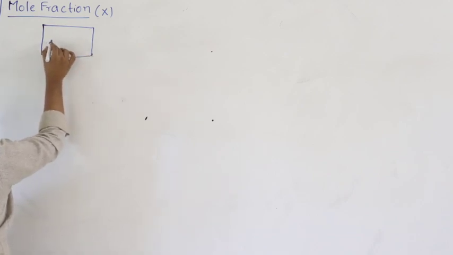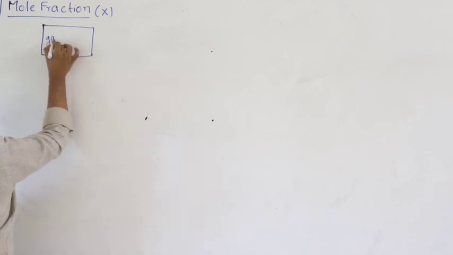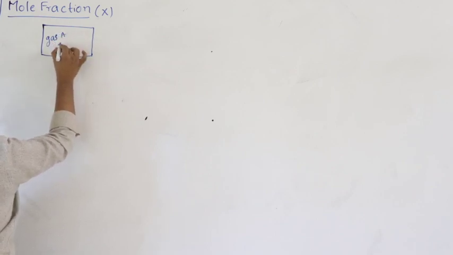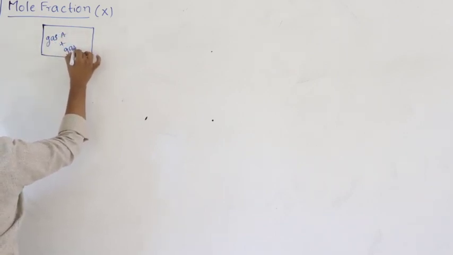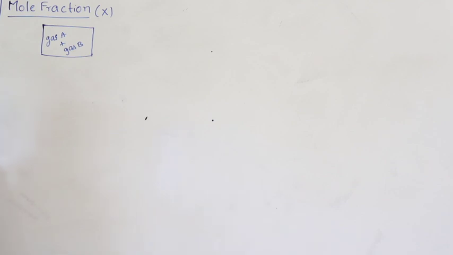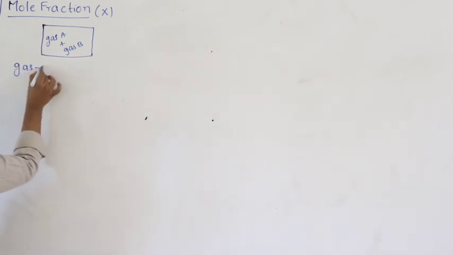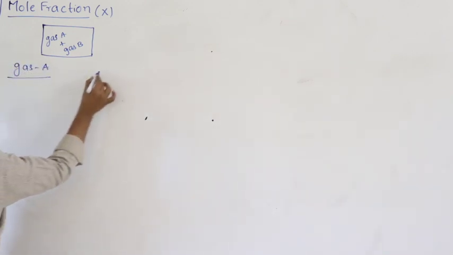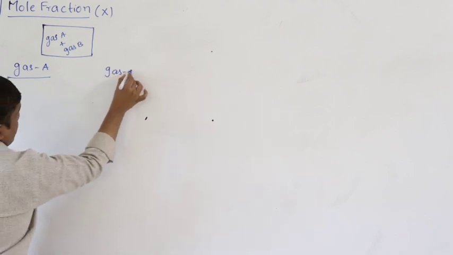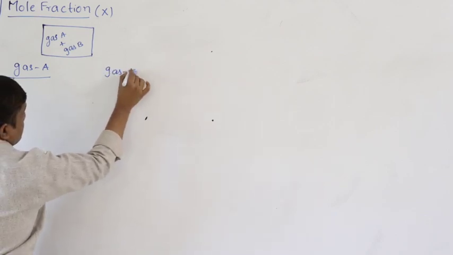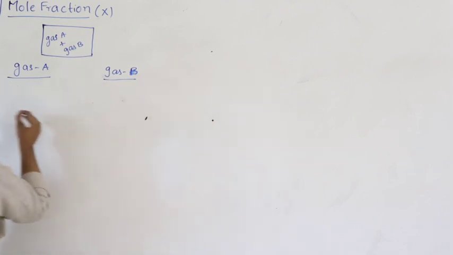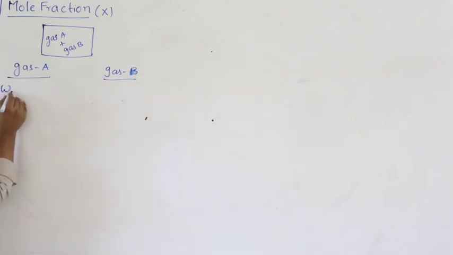So we have gas A plus gas B. Let us assume in a system we have a mixture of two gases, gas A, gas B. So what information we require to find mole fraction is, for gas A and gas B, first we have to know its weight.